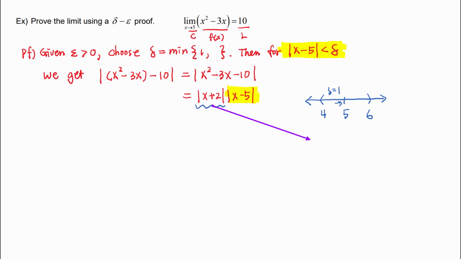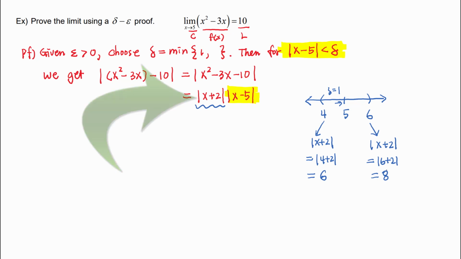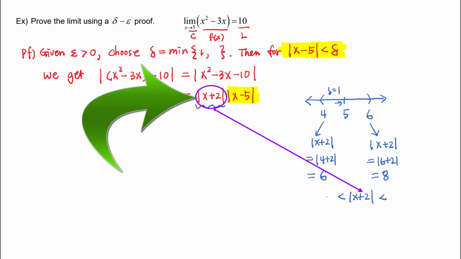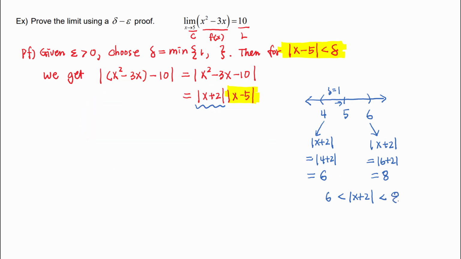Then this expression x plus 2, when you plug 4 in there, 4 plus 2 absolute value, could be as small as 6. Or the absolute value of x plus 2, when x is as big as 6, is 6 plus 2, which is 8. So this expression, the absolute value of x plus 2, has to be a value between 6 and 8.